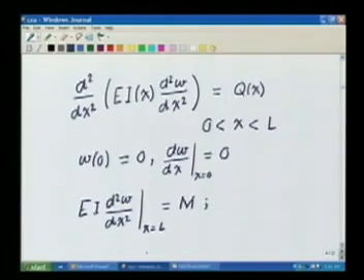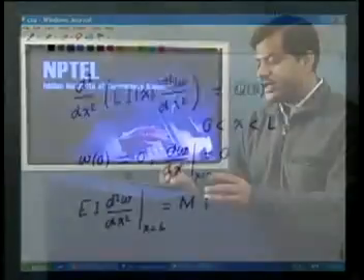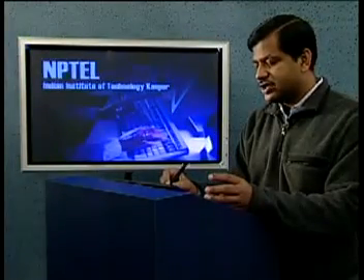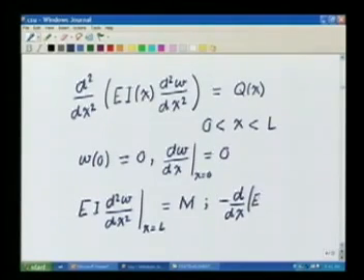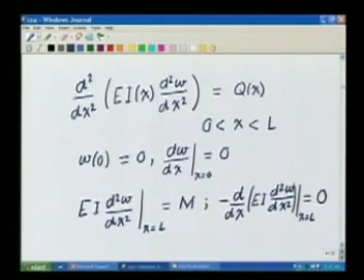There is no shear force at the end, which is a free end as far as the shear force is concerned. So I will have minus d/dx of EI d2W/dx2 at x equal to L is equal to 0.